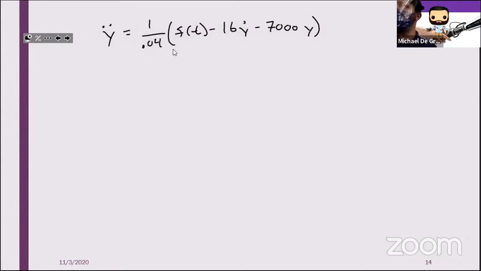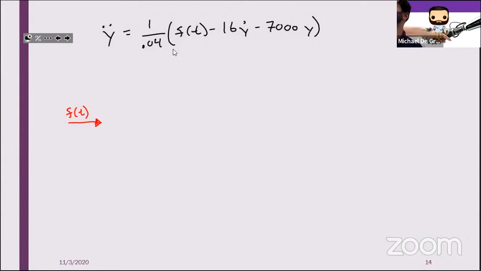Well, first of all, I know my input, right? My input is f of t. What is it? Well, we were told that it's a step function, that's fine. We'll define it more later. But for right now, we're graphically representing this. It's enough to know that f of t goes into something.